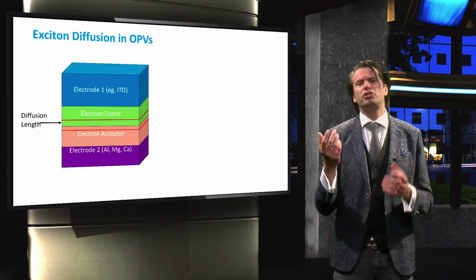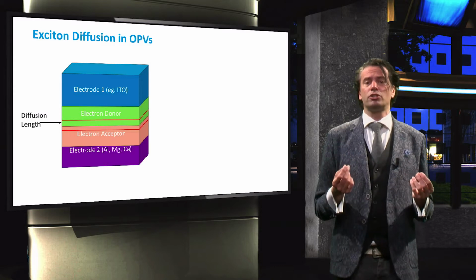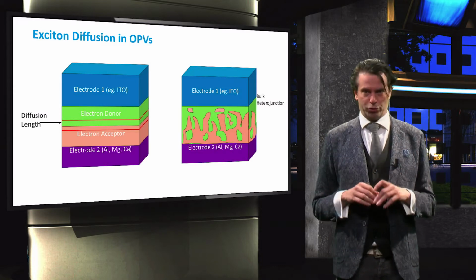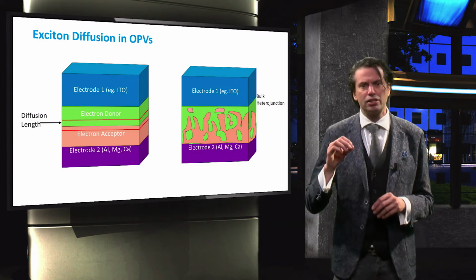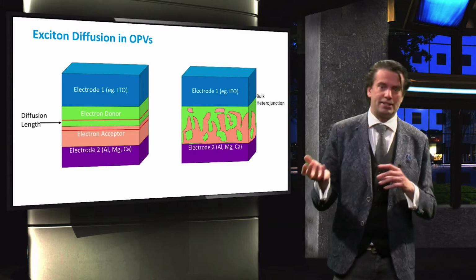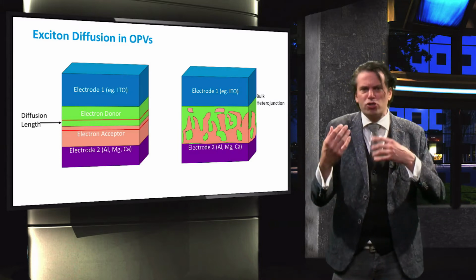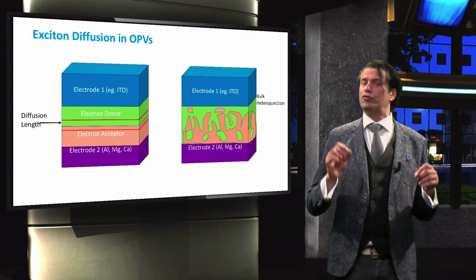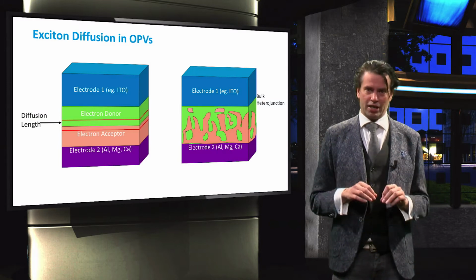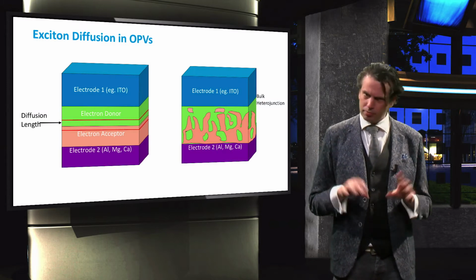This results in a very low quantum efficiency yield, as can be seen in this small animation. In order to reduce the effective path length of these excitons, a so-called bulk heterojunction solar cell is used, in which the electron donor and acceptor material form a sort of blend instead of two distinct, well-defined layers as shown on the left.